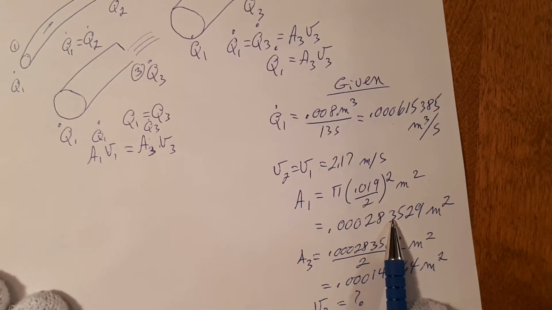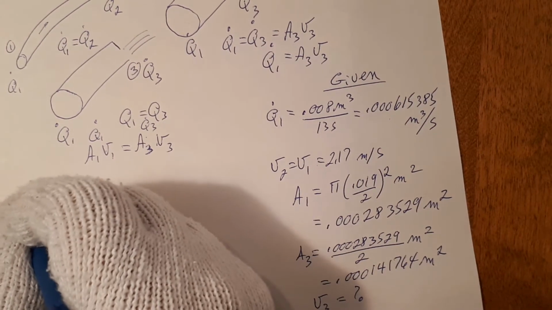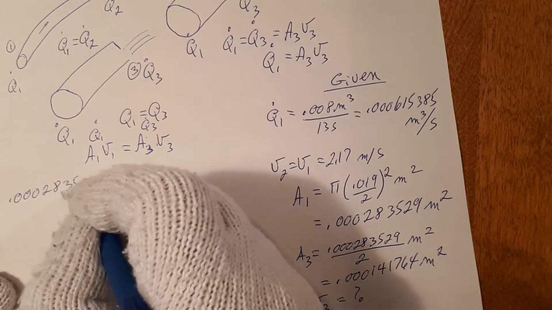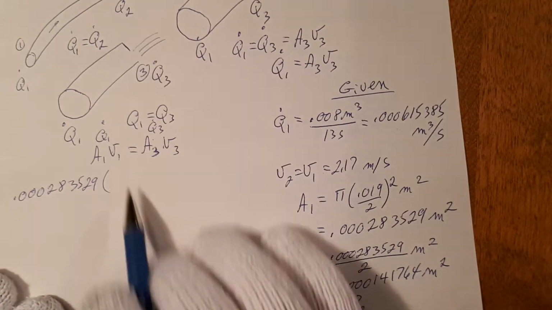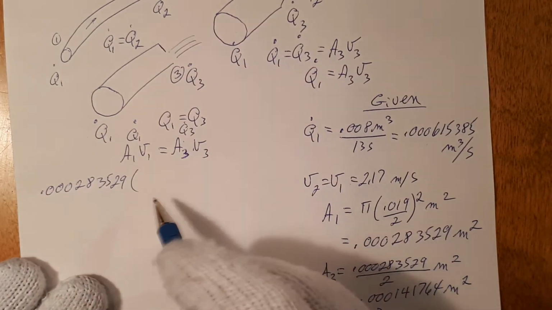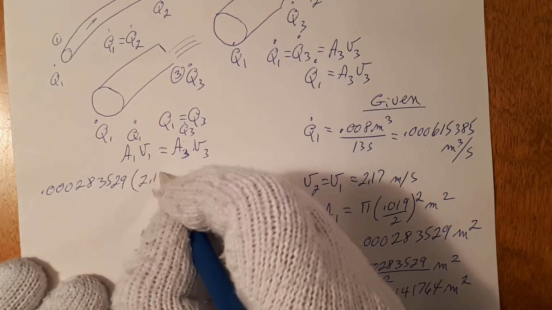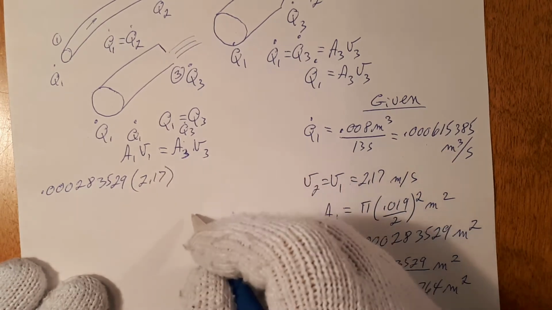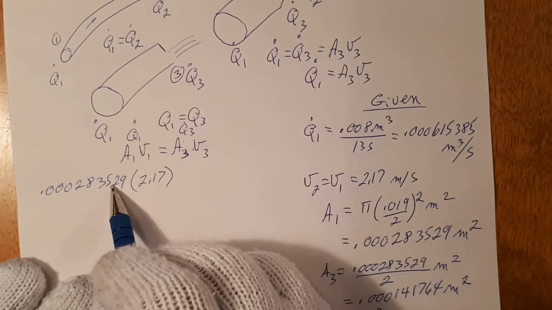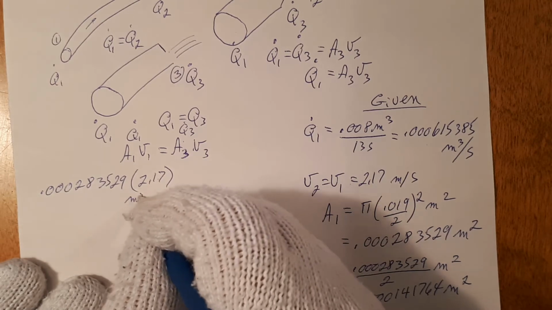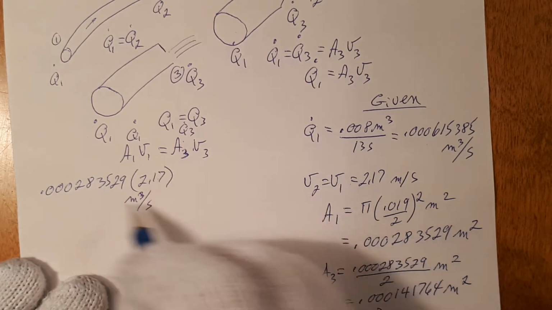So area 1 is this term, multiplied by the velocity going in, which we calculated in a previous video, rounded to 3 sig figs to 2.17 meters per second. This would be meters squared, meters per second, that comes to cubic meters per second, or the volume flow rate in.